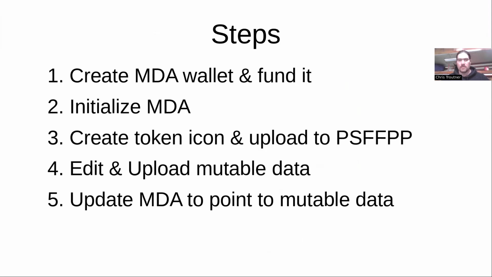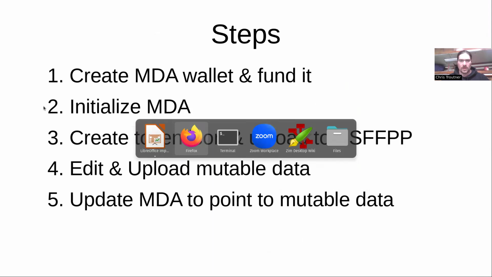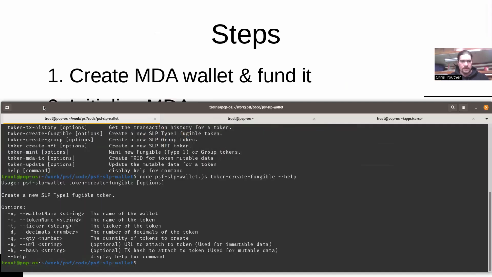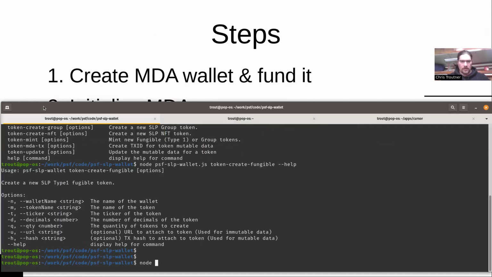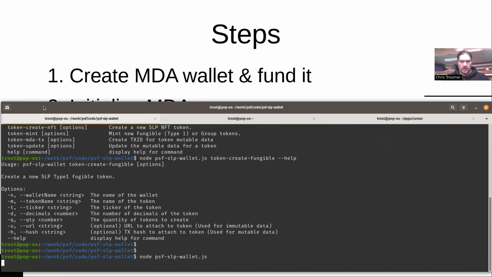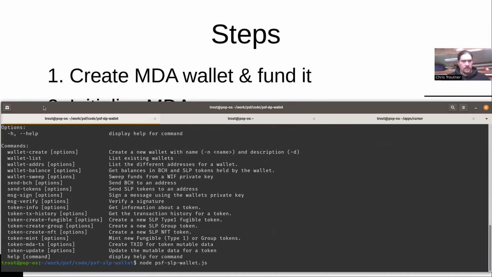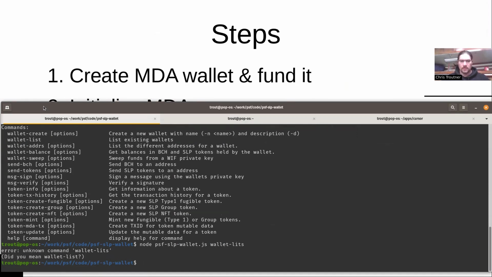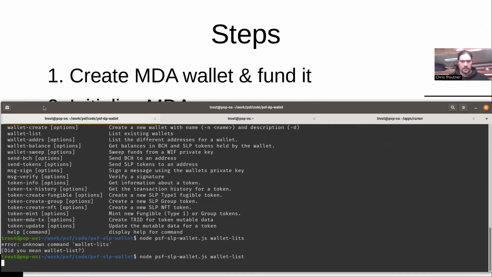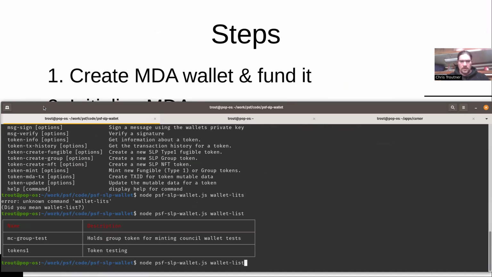So we're going to create an MDA wallet and fund it. So back here on our application, here's all our commands. I'm going to list the wallets. So I'm going to create a wallet called, I'll just call it MDA1.